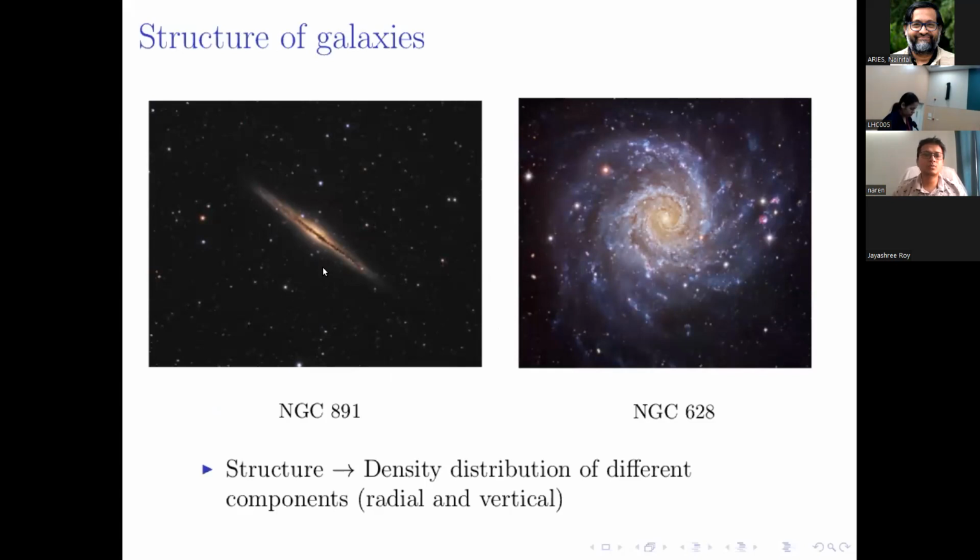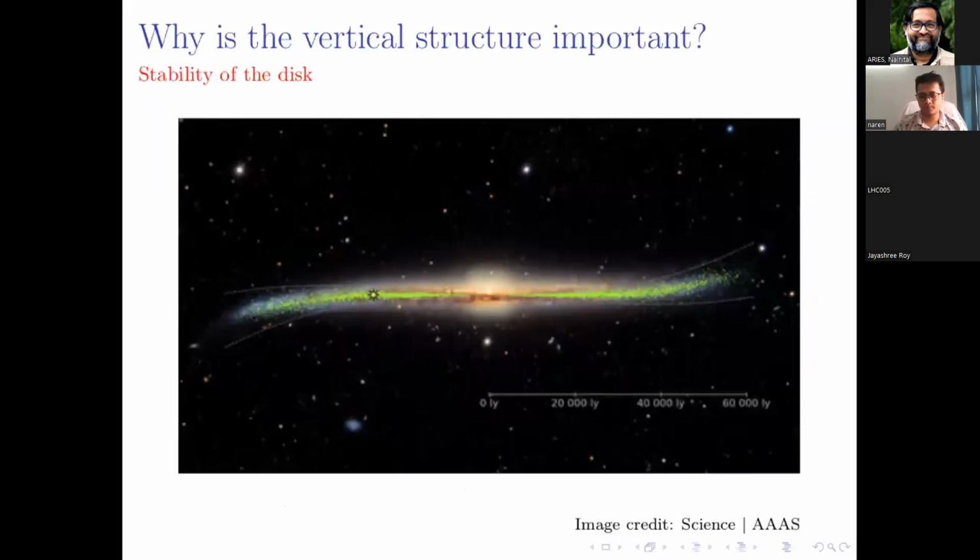So this is what we are looking for. And why are vertical structures particularly important? They are important for many reasons. First of all, they help us to understand the stability of the disk. For example, if you know the vertical structure of a disk at any point, you would be able to calculate how stable the disk would be against external perturbation, right?